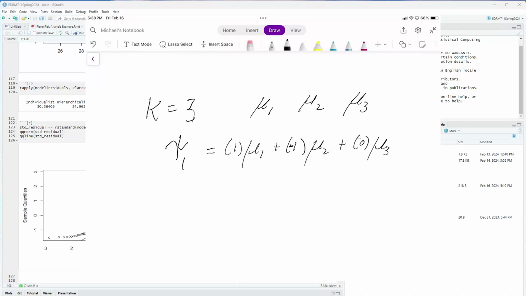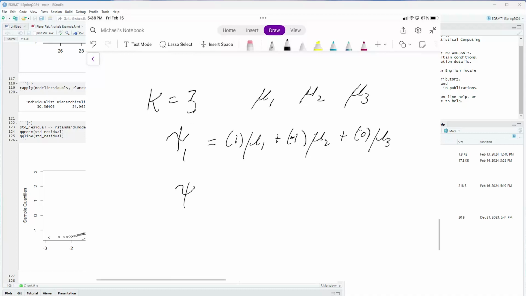Now this can, of course, simplify so that we can just say that psi1 is equal to mu1 minus mu2. So all we have done here in this particular formula is we've purposefully set the weights for mu1 and mu2 so that we're contrasting the population mean of group 1 against the population mean of group 2.